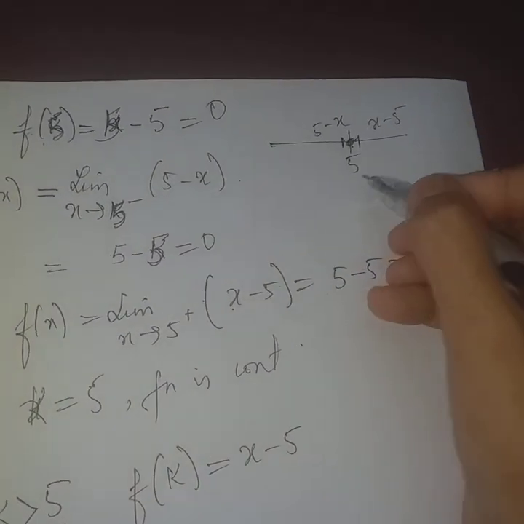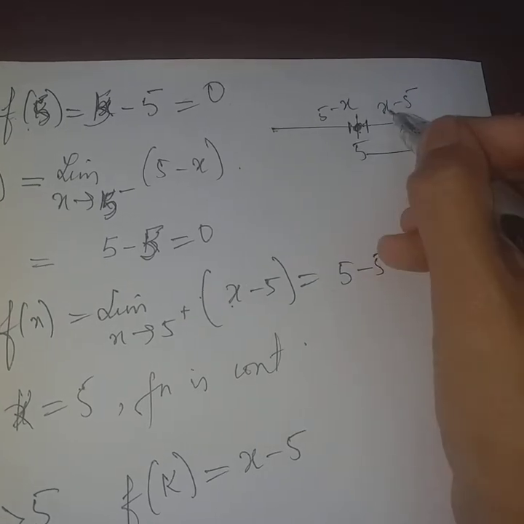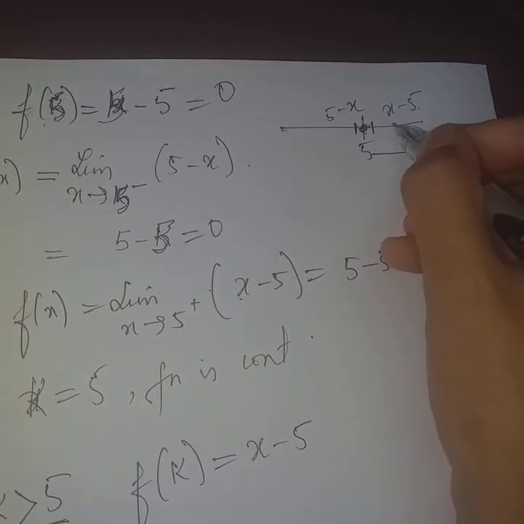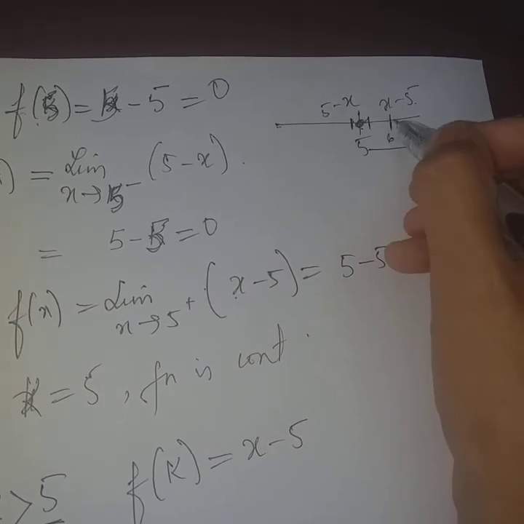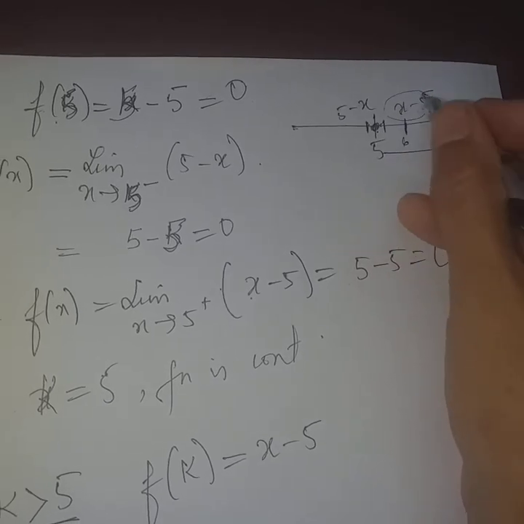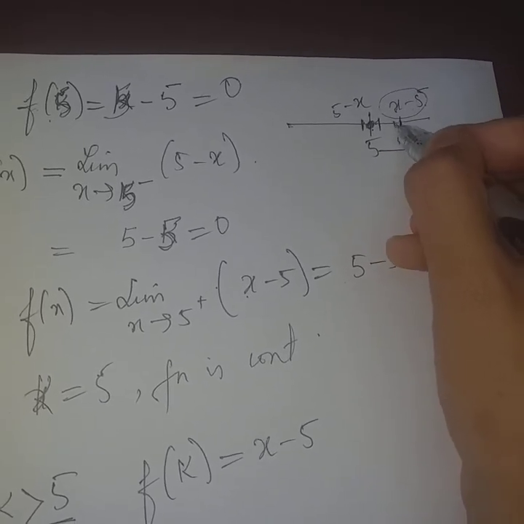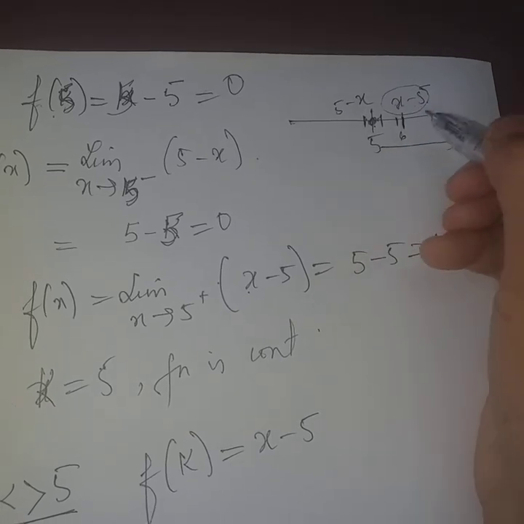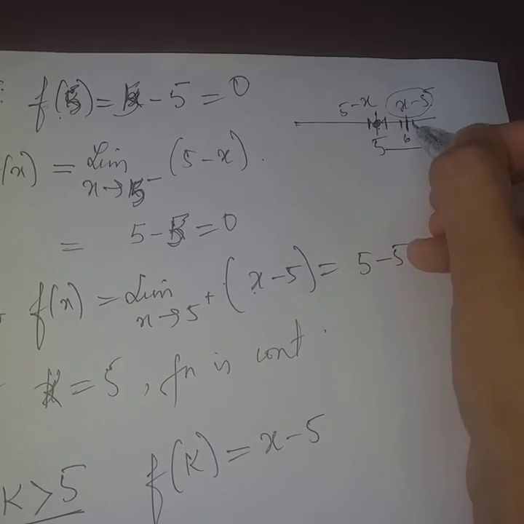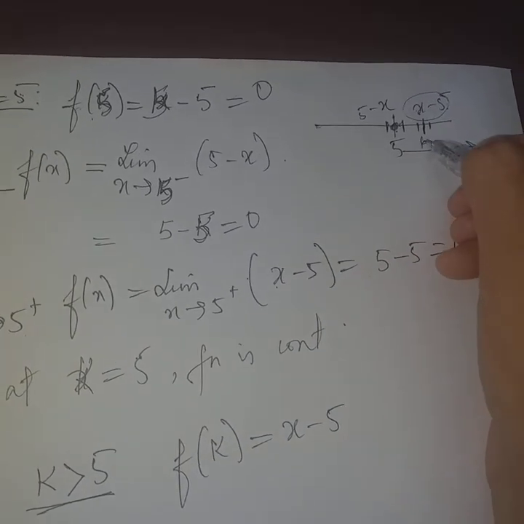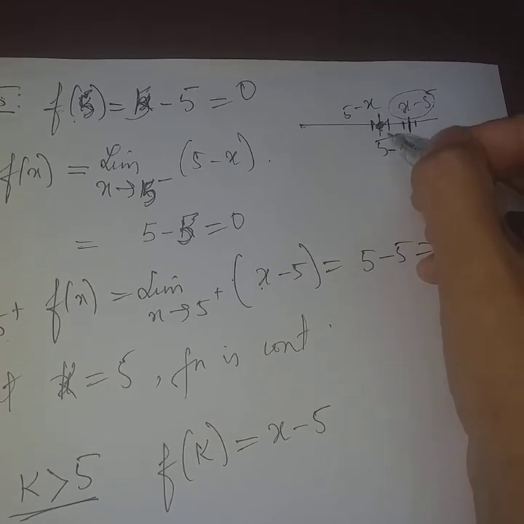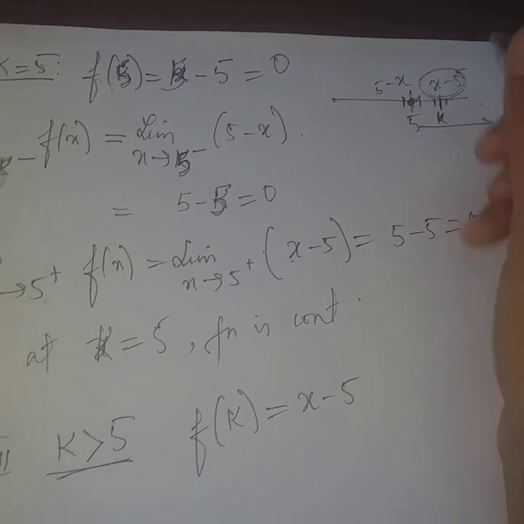That means for all the values greater than 5, it will be x minus 5. For example, if it is 6, then at 6 it will be x minus 5, at a point slightly less than 6 it will be x minus 5, and at a point slightly greater than 6 it will be x minus 5. So for every k greater than 5, the function will be x minus 5.